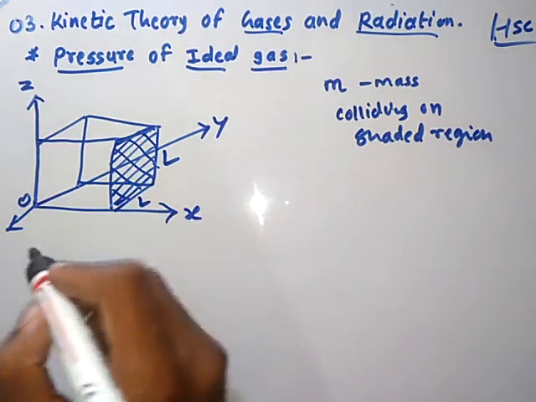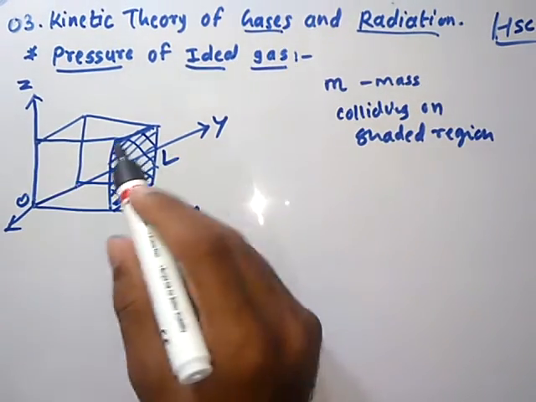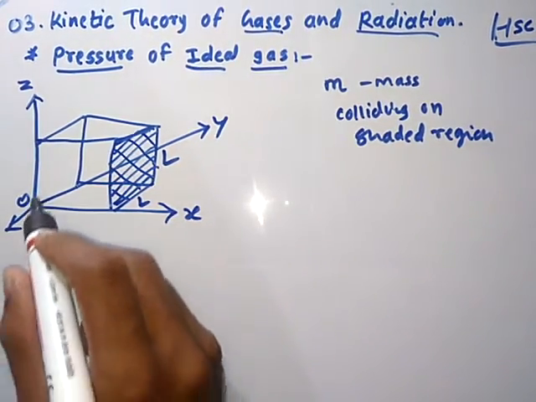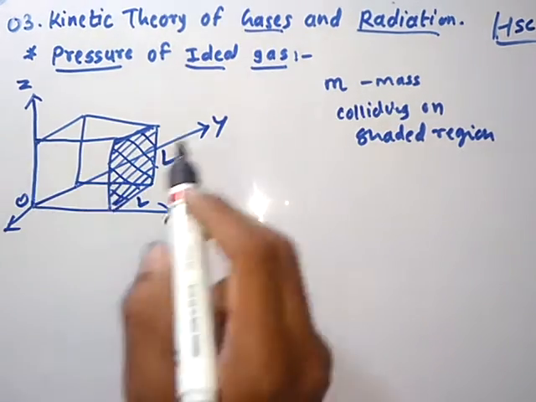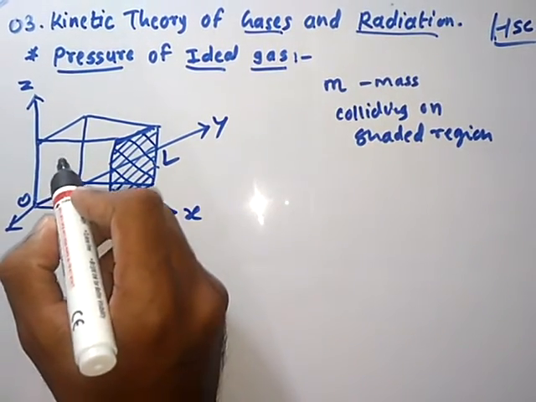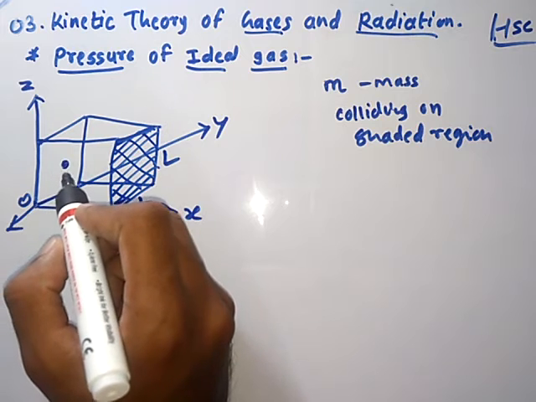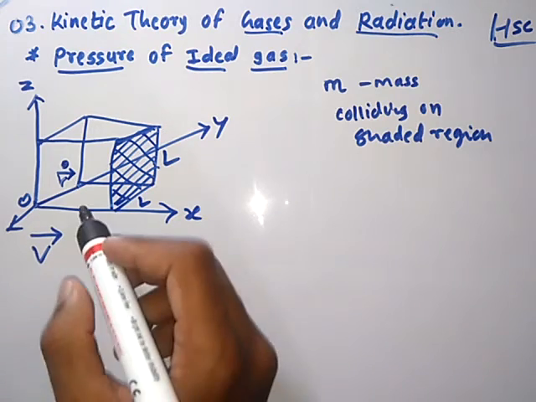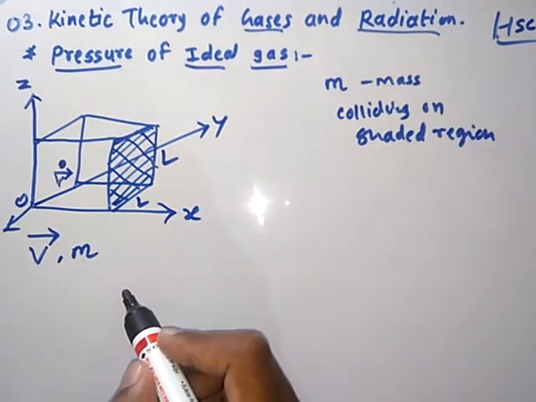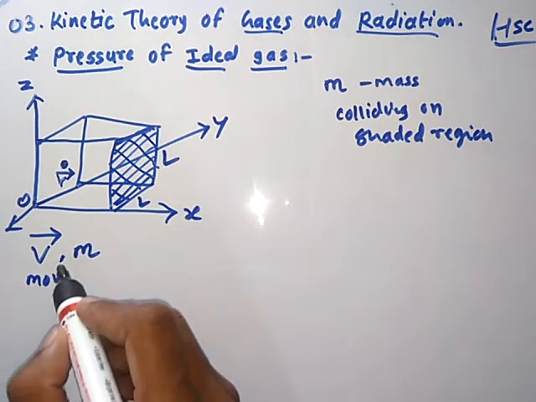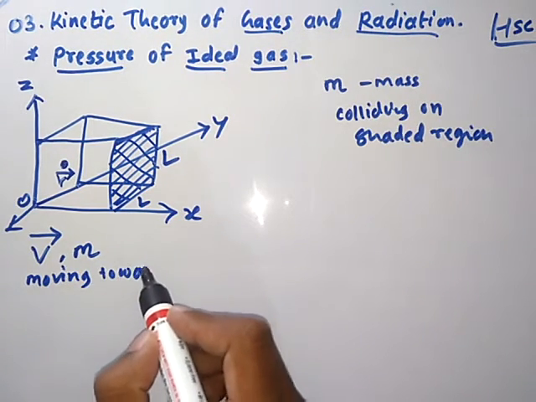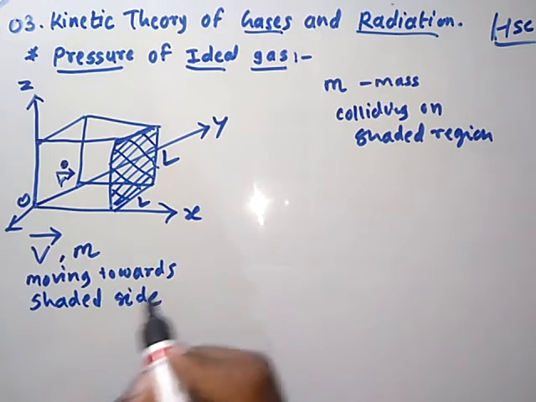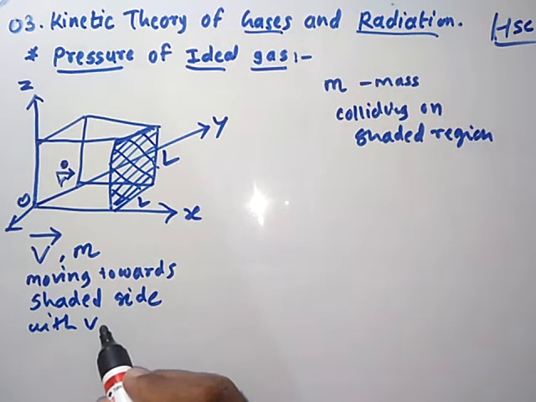We consider the shaded region, which is parallel to the yz plane. In the box we consider a molecule with velocity v bar and mass small m, moving towards the shaded side.